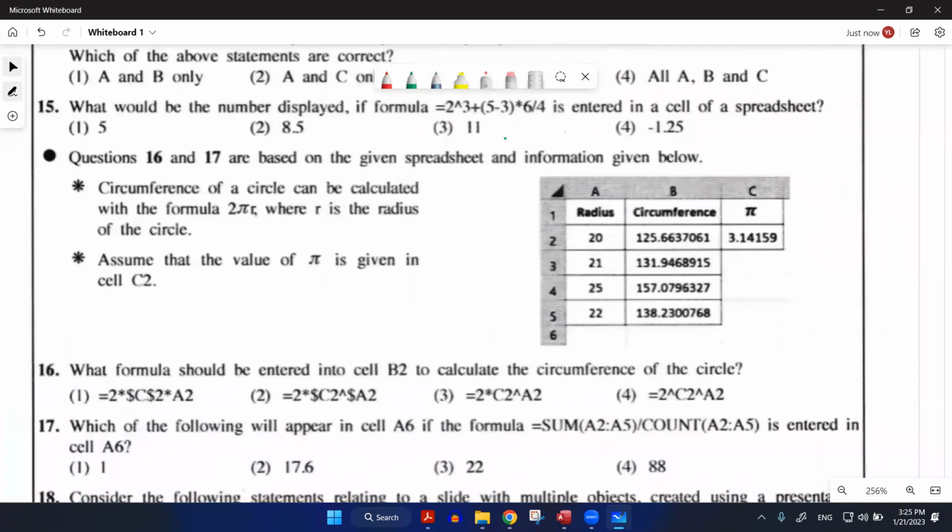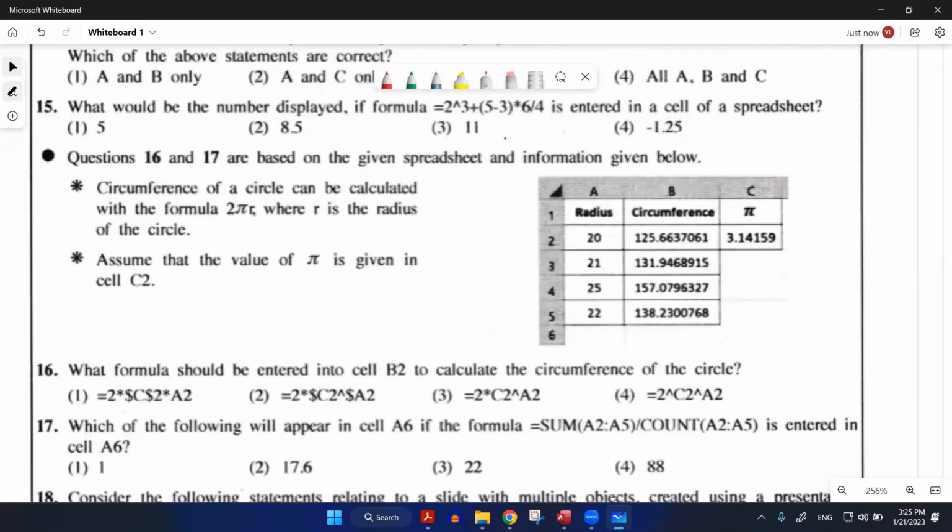Okay, so Excel calculation. What would be the number displayed if the formula has this kind of equation? Let's see how this equation is going to go. It has equals 2 to the power 3 plus, within brackets, 5 minus 3 into 6 divided by 4.